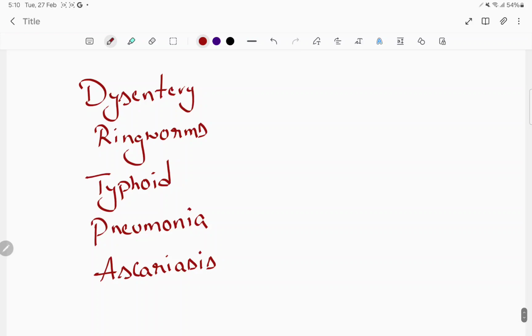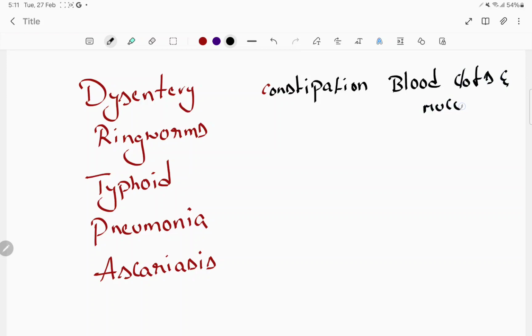For dysentery, constipation, blood clots and mucus in stools.